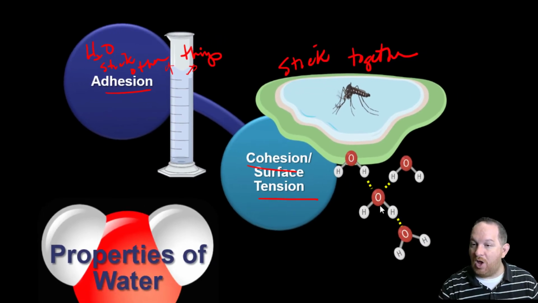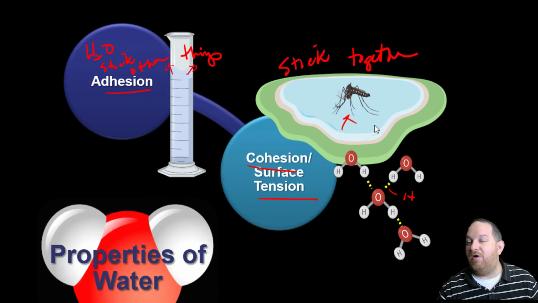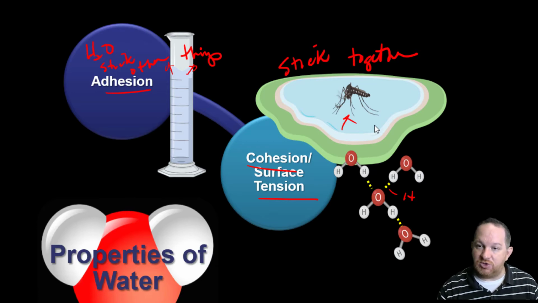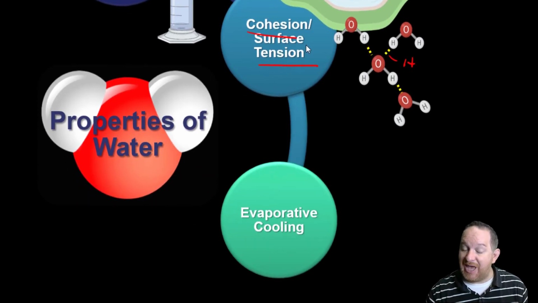When water molecules are sticking together because of these hydrogen bonds, it's creating a surface tension so that something really light, like an insect, can actually sit on the surface of water and not fall through, because there's some surface tension that's allowing that insect to sit on top of it. And that surface tension is created because of these hydrogen bonds and the polar covalent nature of water. All right, so adhesion sticks to other things. Cohesion, water molecules stick together.